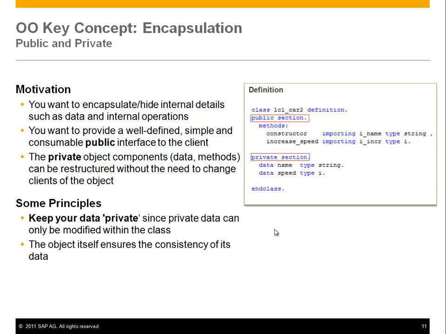And the methods of the objects that are public are the ones that provide the functionality, but they are also the ones that ensure the consistency of the object's data. So you're responsible, and you can ensure that your data stays consistent, if you write your object methods correctly. So as a rule of thumb, only methods should be public and data should be private, and of course you can also have private methods as well, as helper routines and so forth.